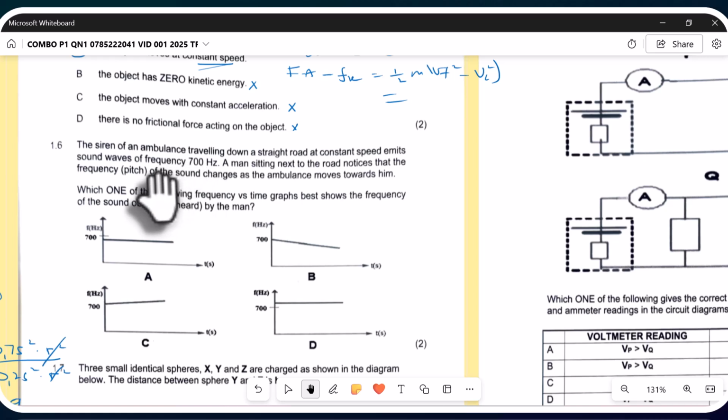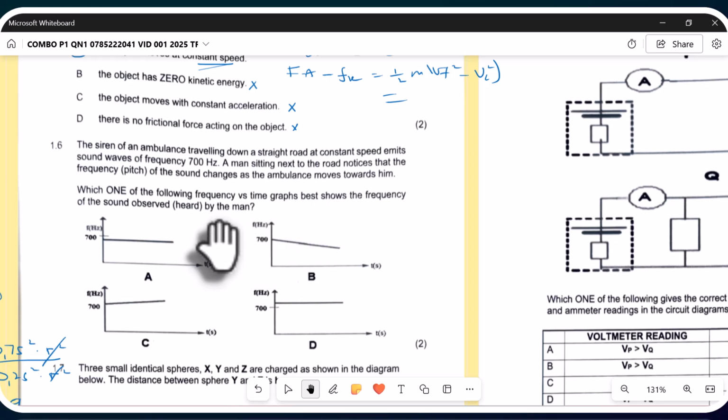Okay, now what do we notice here, and what do we know from our theory? They said that the siren of an ambulance traveling down a straight road at a constant speed emits sound waves of frequency 700.